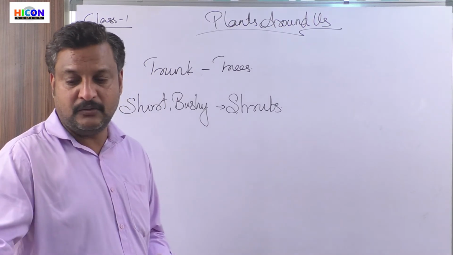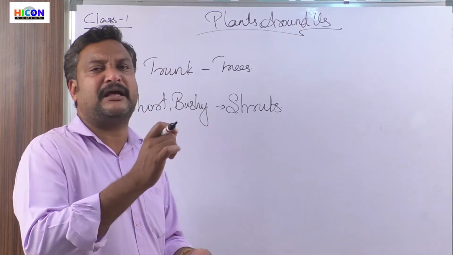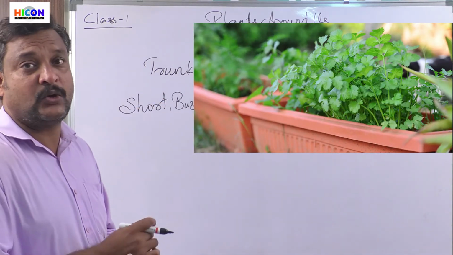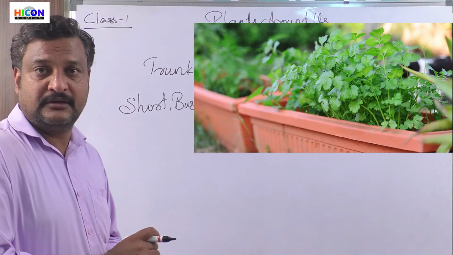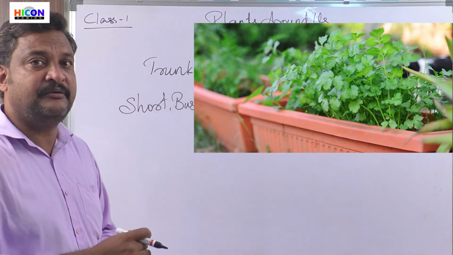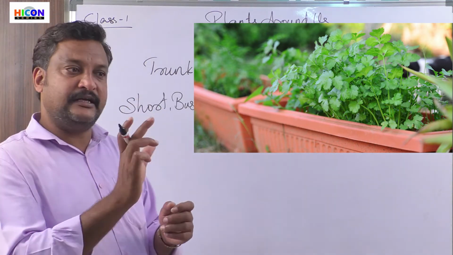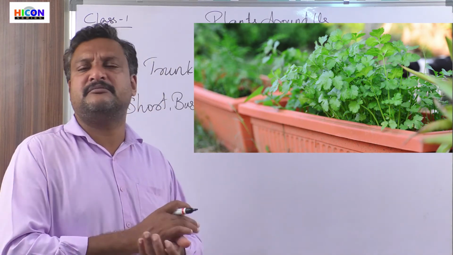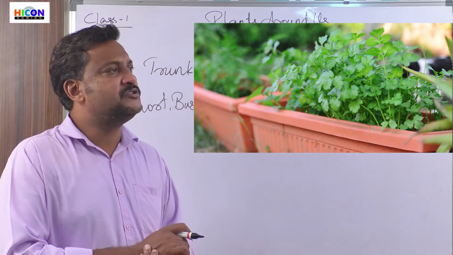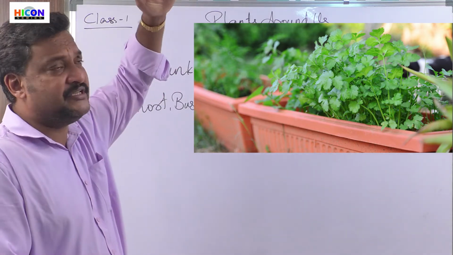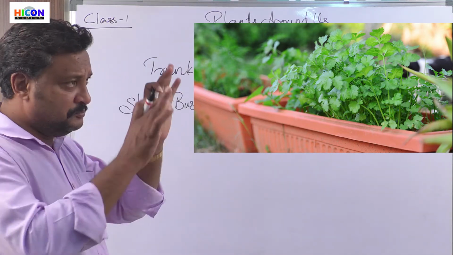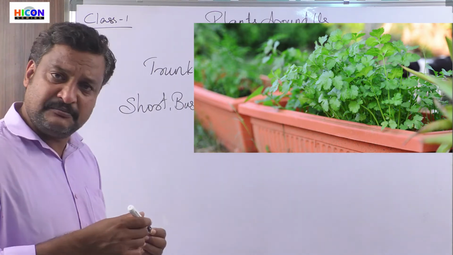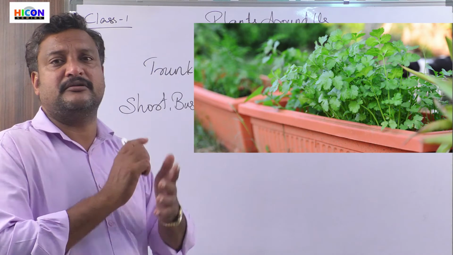Now we have some more smaller plants. Look at this plant. What is that? It's a coriander plant. We buy this also, isn't it? We buy coriander plants in bunches from the market, because we use them in the curries and all. So is it very big like the trees? No. Are they bushy like a rose plant or a shoe flower plant? No. They are simple. They are still very small.